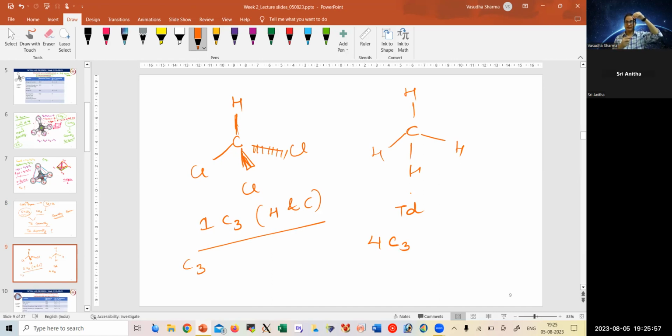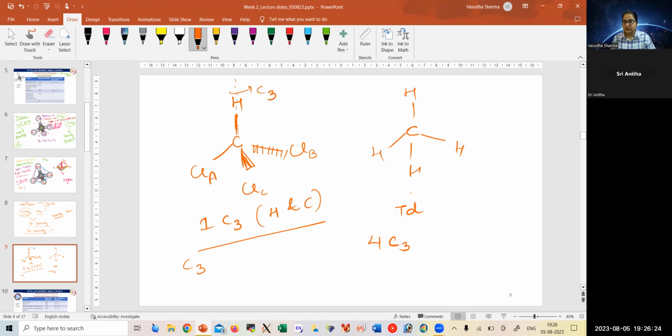For example, here my pen is the axis, and when I rotate it, the other 3 chlorines are rotated by 120 degrees. So these chlorines are replaced by each other: chlorine C will replace chlorine A, or chlorine A will go to chlorine B's position. Only the chlorine positions change, and the axis passes through the carbon-hydrogen bond. This is C3. So only one C3 is there.